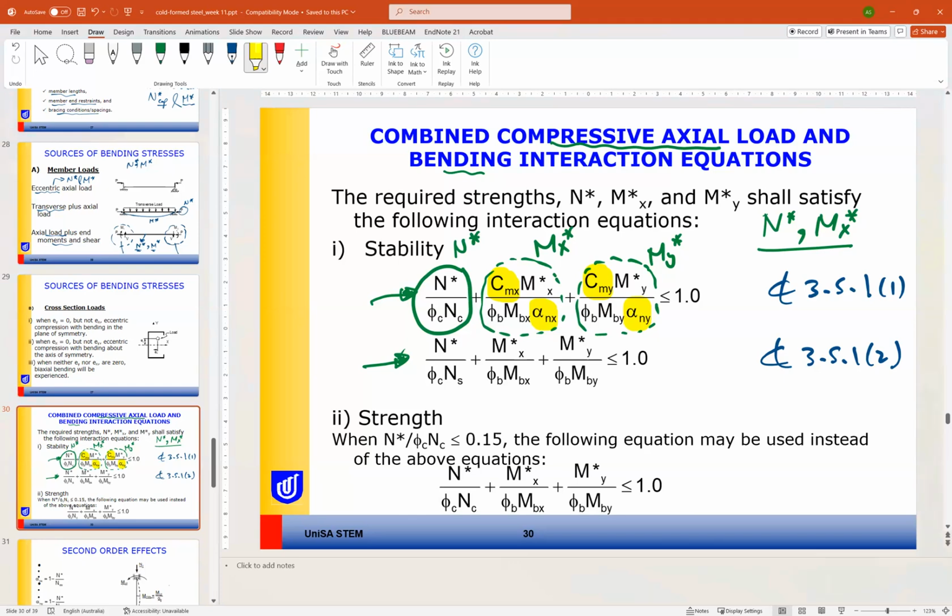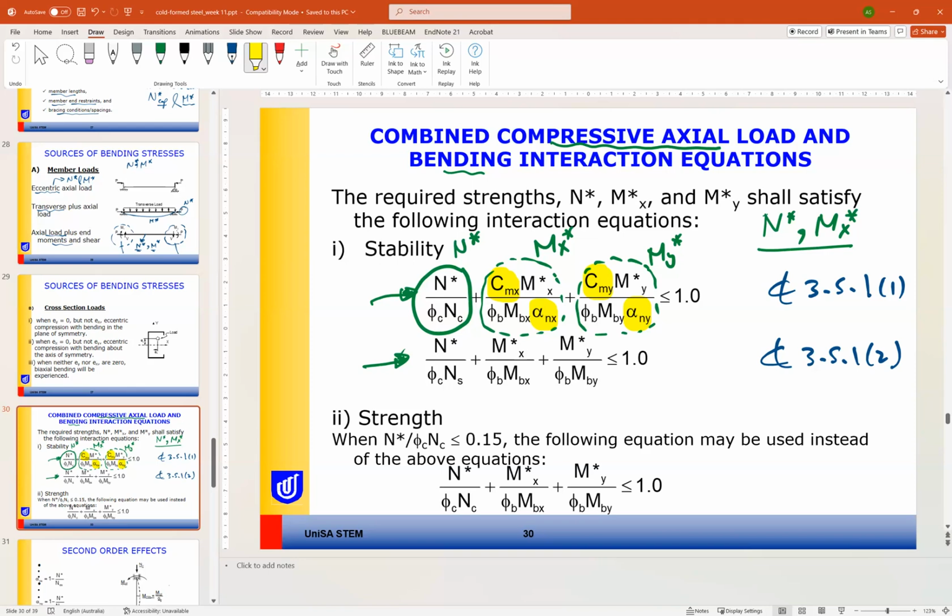This is for the second order effect. If you remember, for framing actions, we have the second order effect, which means the effect of buckling on the amplification of the moment due to buckling of the members.